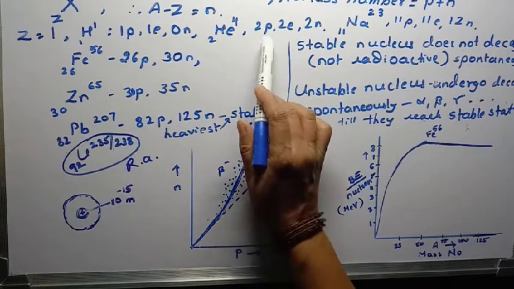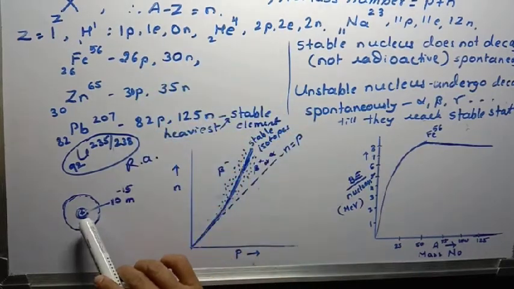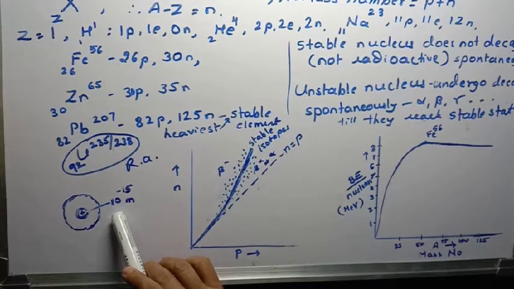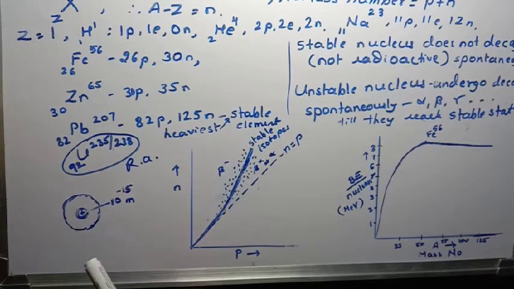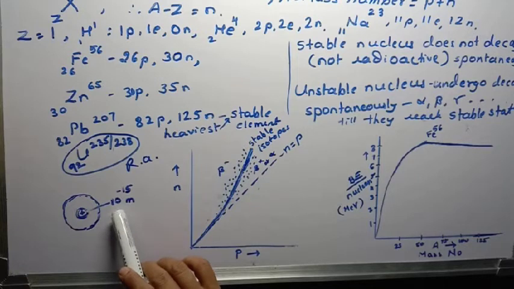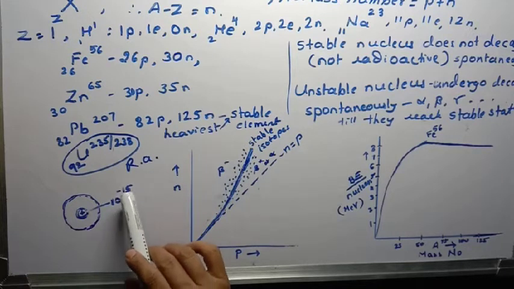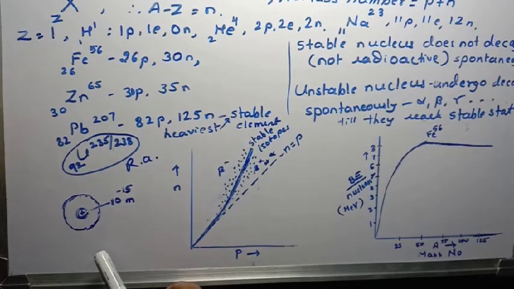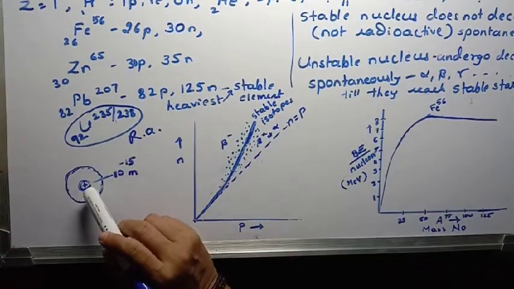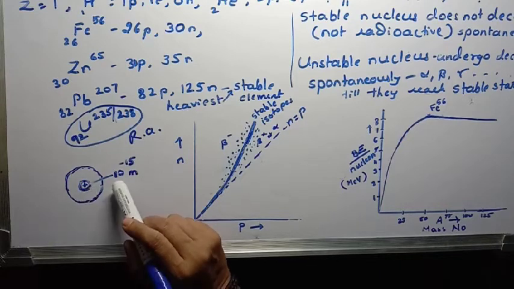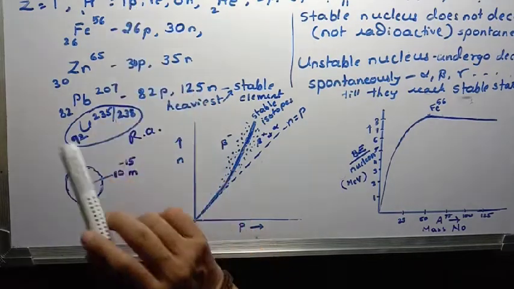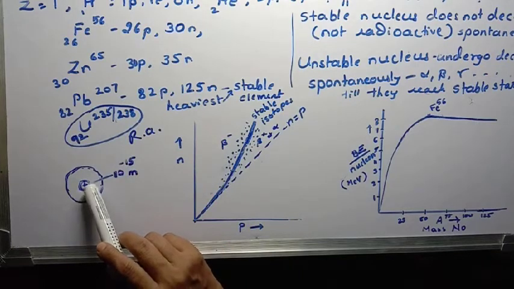The size of the nucleus you are well familiar with. The diameter of the nucleus is in the order of 10 raised to minus 15 meter. In such a small volume, as the atomic number increases, more protons enter the nucleus.